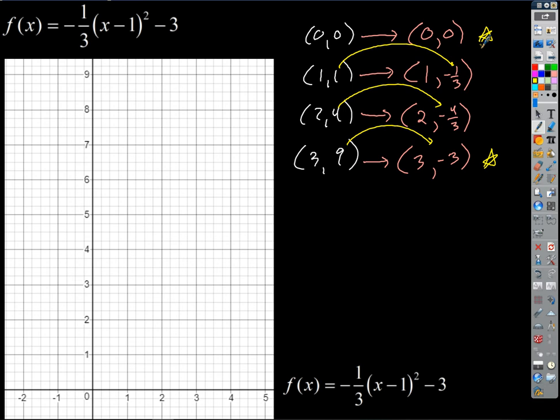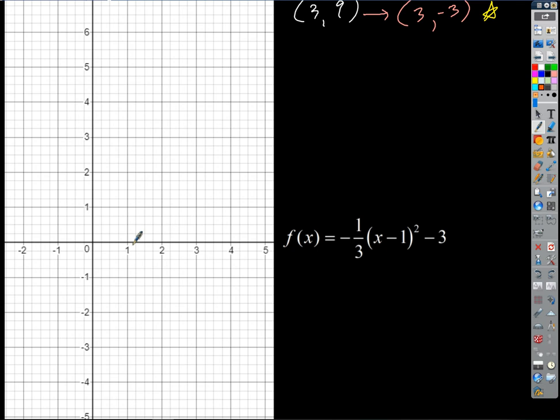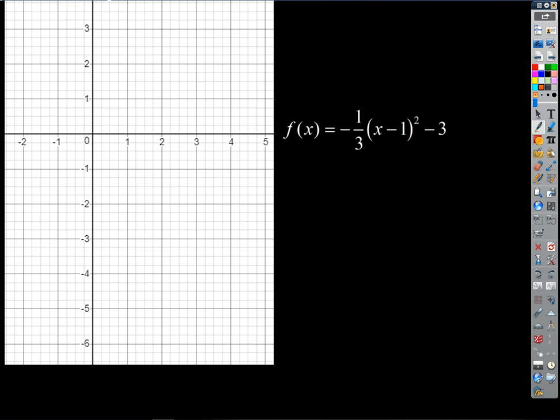Now, where should the vertex go? What are the values of h and k? Okay, good, so we can see h is 1, k is negative 3. And so we could put this thing over 1 and down, yeah, I guess it works.